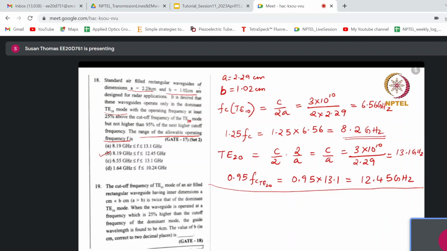So the idea here is to understand the cutoff frequency of TE10. 25% above that cutoff frequency will be the minimum operating frequency, and understand the next higher order mode is TE20. 95% of that one's cutoff frequency will be the maximum operating frequency. So the allowable range will be between these two.